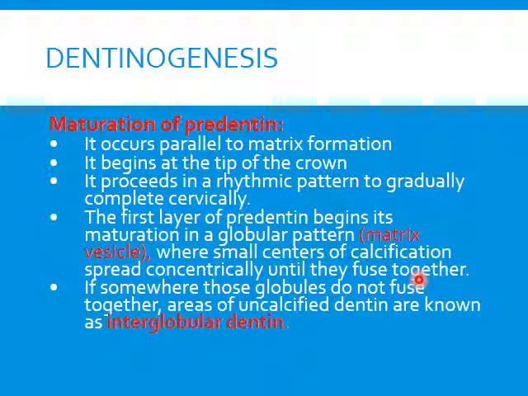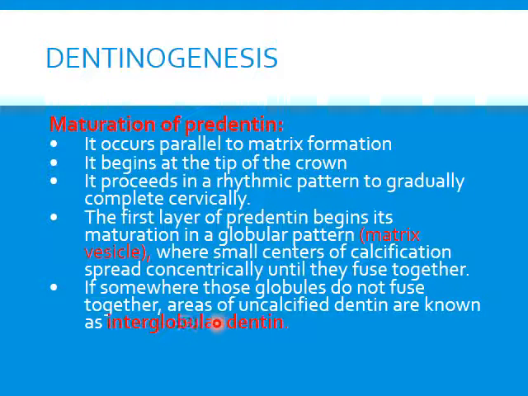These hydroxyapatite crystals fuse together and form a globular pattern. If somewhere those globules do not fuse together, areas of uncalcified dentin are called interglobular dentin. The globular dentin appears light in color, while interglobular dentin appears dark in color.